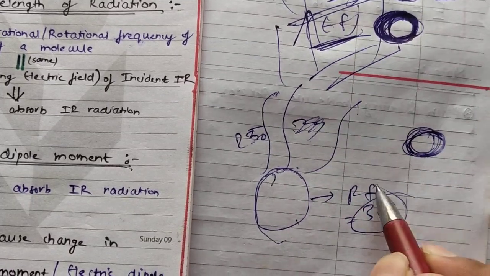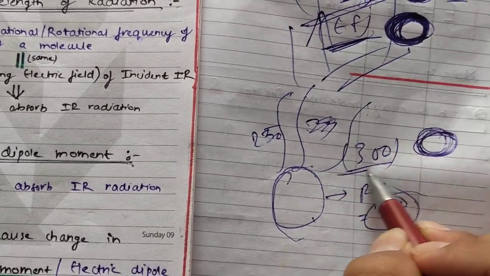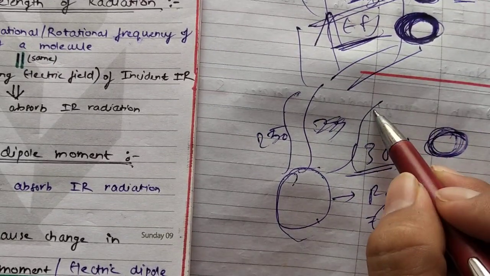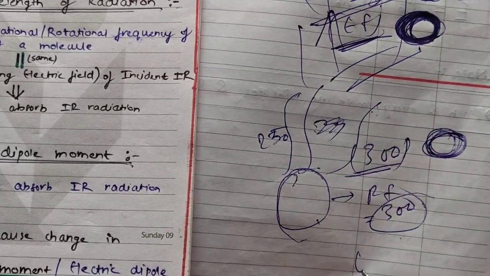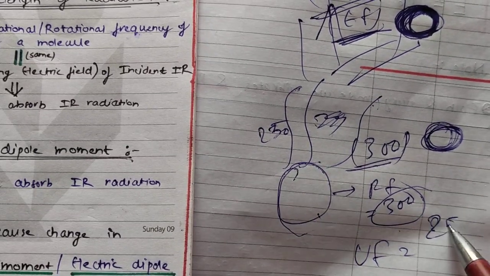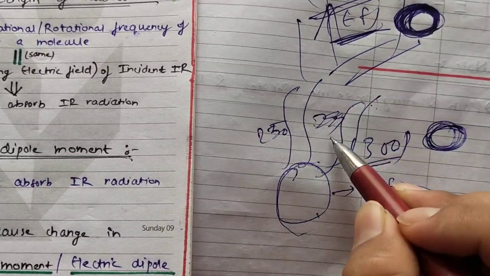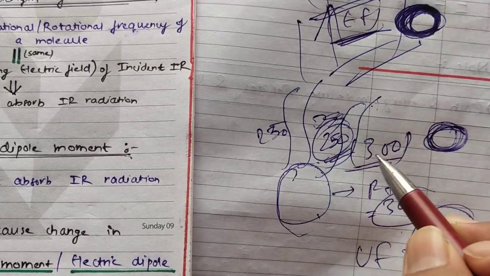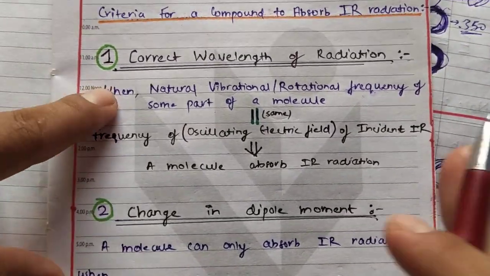If the rotational frequency is 300, then the IR radiation should also be 300. If the vibrational frequency is 350, then the IR radiation should also be 350 for absorption. This is all about the correct wavelength.